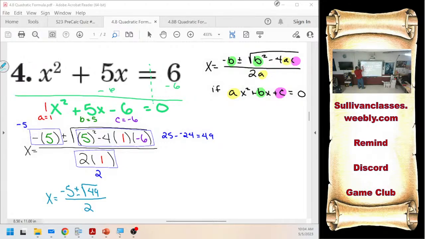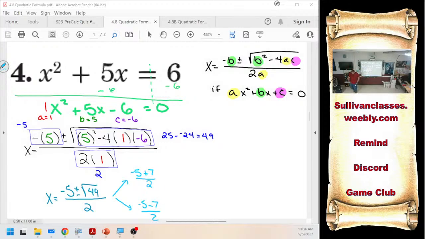And this said plus or minus. So I've got 2 things happening here. I've got negative 5 plus 7 over 2, and I've got negative 5 minus 7 over 2.